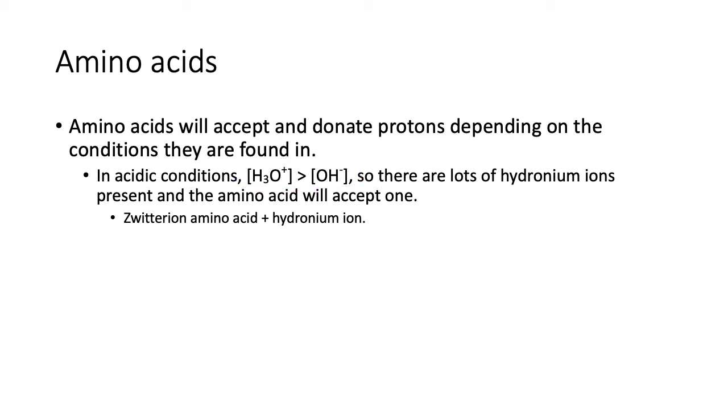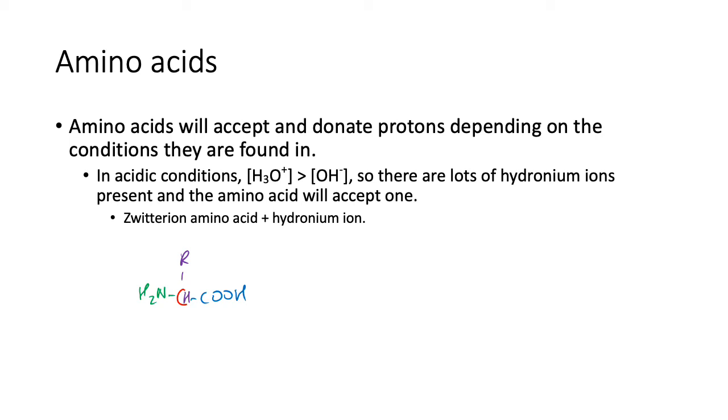So when you've got lots of hydronium ions around, the amino acid is going to accept hydrogens from those hydronium ions. So you're going to end up with COOH, don't forget that extra H and the R group, and then the H2N.